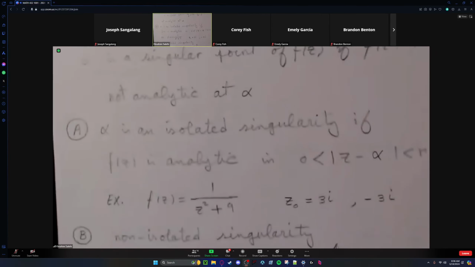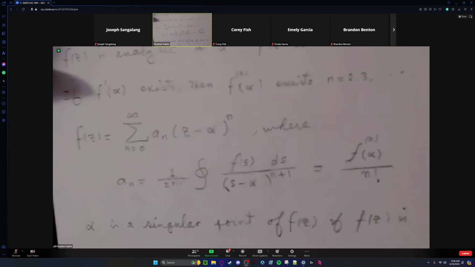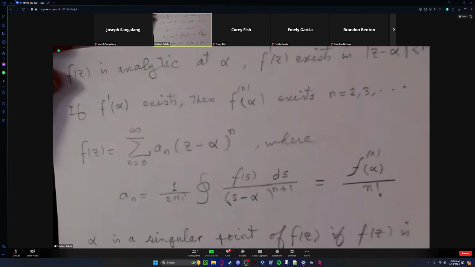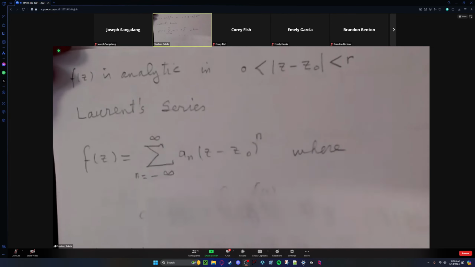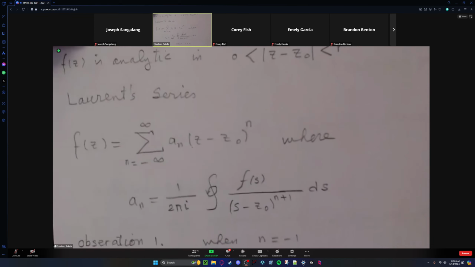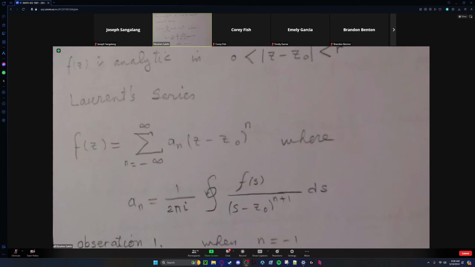But the isolated singularities themselves, we classified them into three categories. One was a removable singularity, one was a pole, one was an essential singularity. I'll talk about that later.